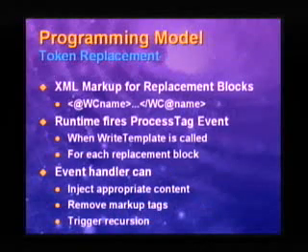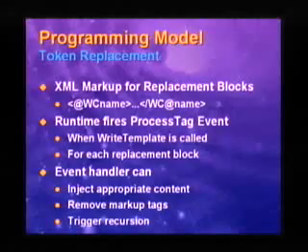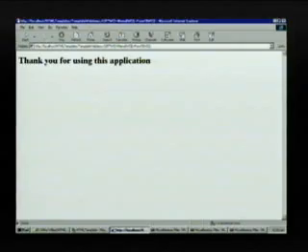Okay, so when it finds one of these tags, like I mentioned, the process tag event gets fired. And why don't we just actually, instead of talking about it, go through some code again, which is going to show this a lot better.